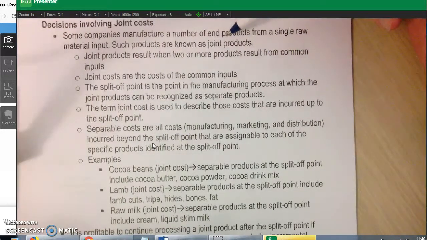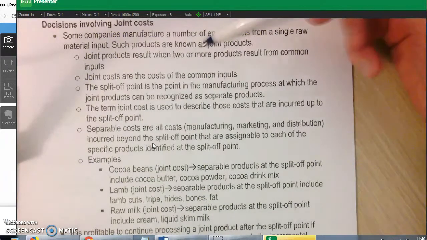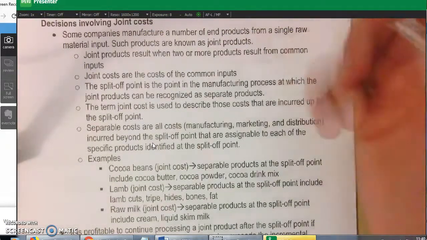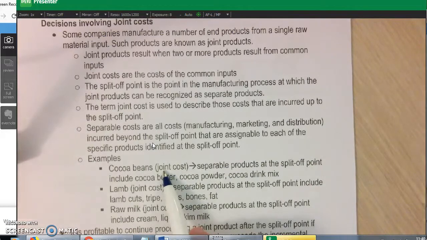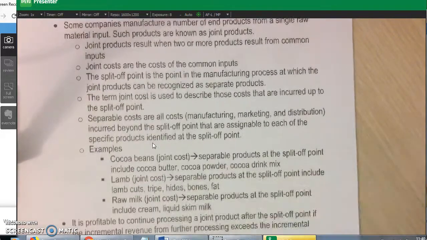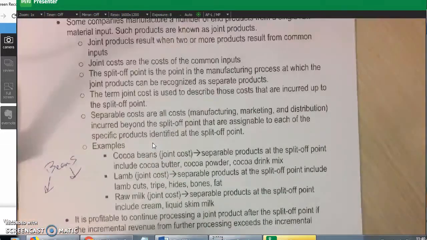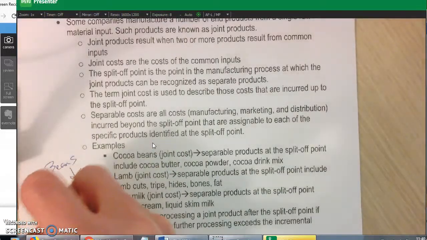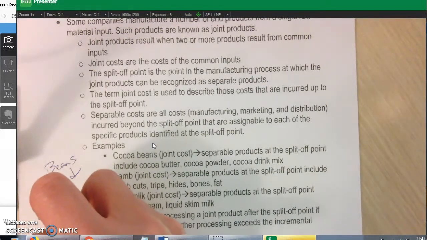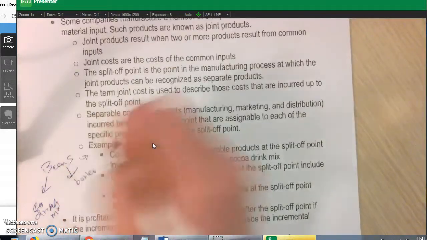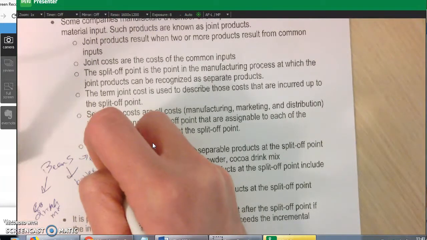Okay, so in terms of defining joint costs, some companies make a number of end products, so final goods, from a single raw material input. Those final goods are known as joint products. For example, maybe you have cocoa beans, and those go into cocoa drink mix, or maybe butter, or maybe powder.